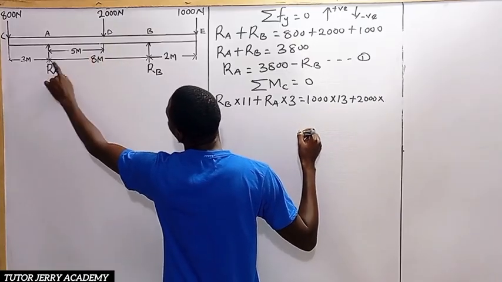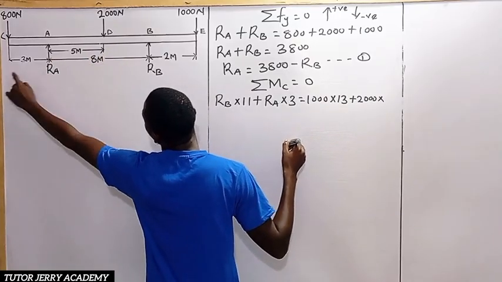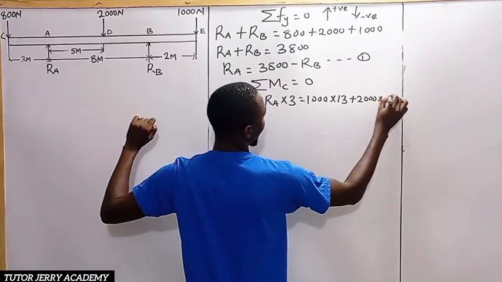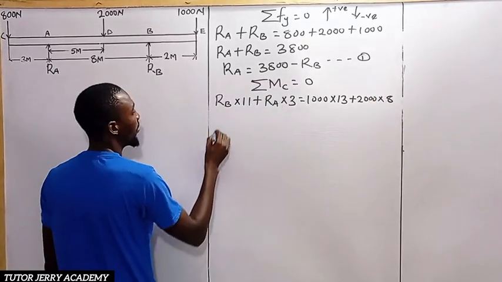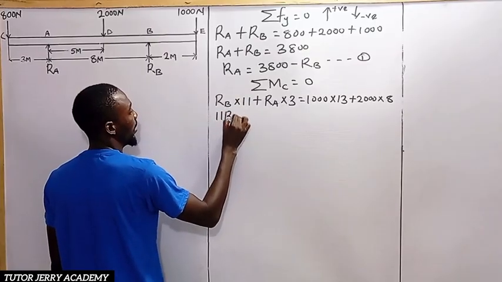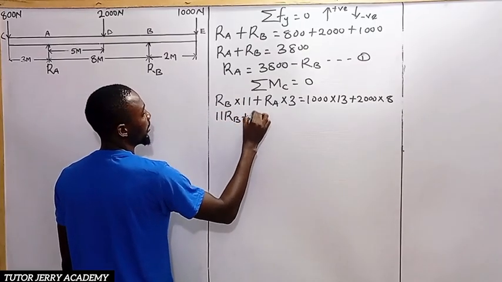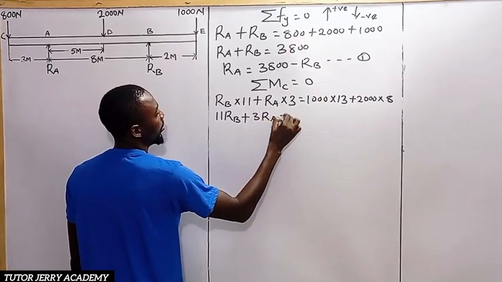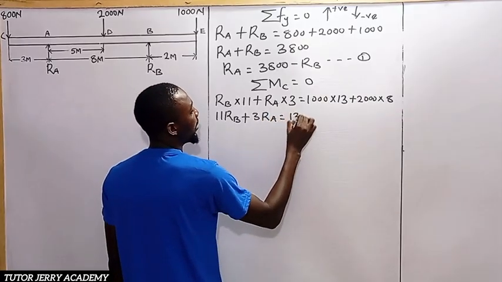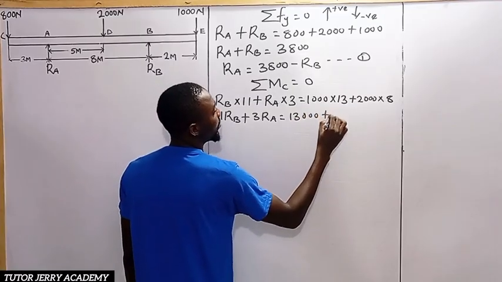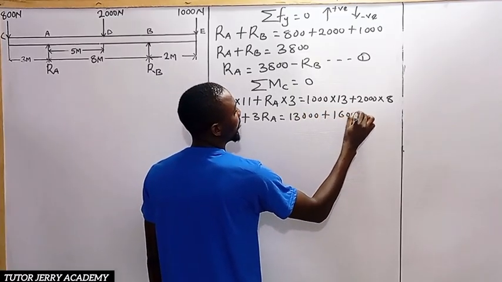Here we have 5. From here to here is 5. From here to here is 3. That is multiplied by 8. Alright. So here we are going to have 11 RB plus 3 RA will be equals to 13,000 plus 16,000.